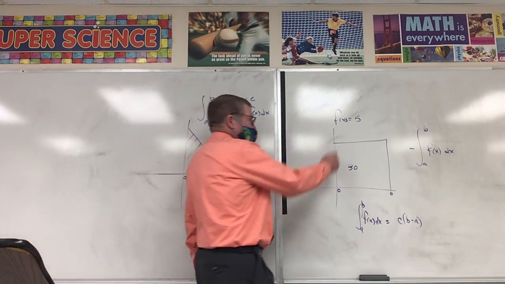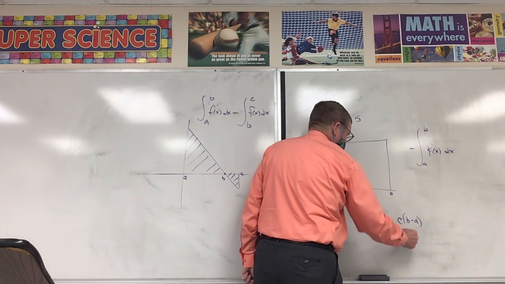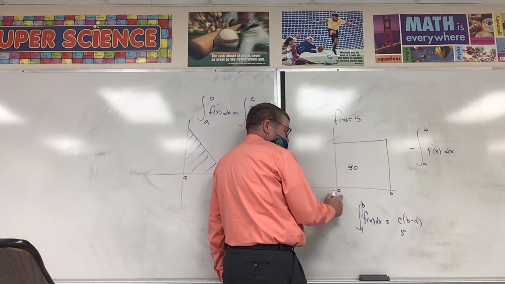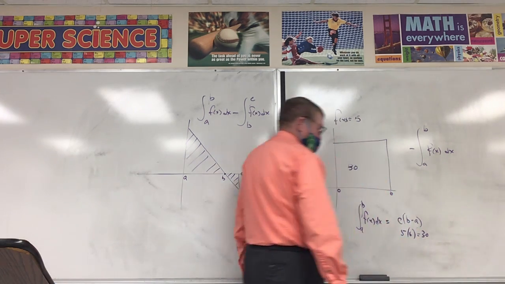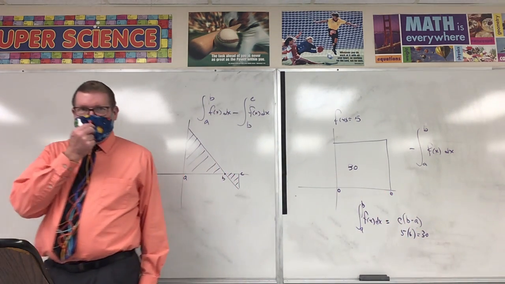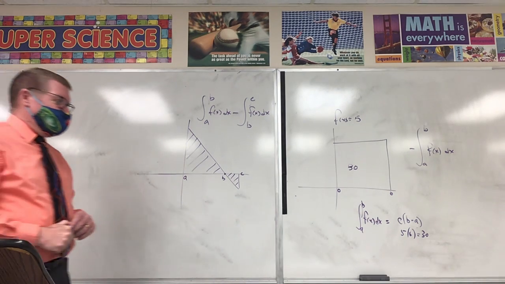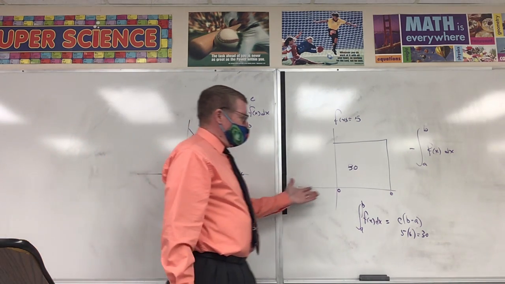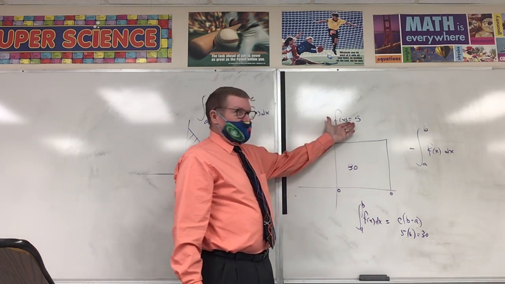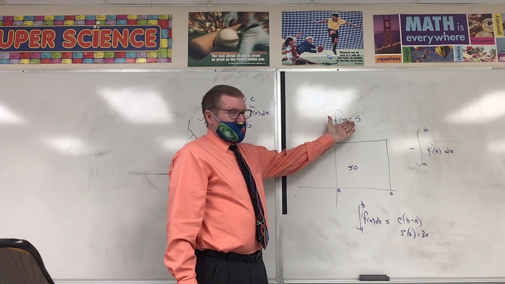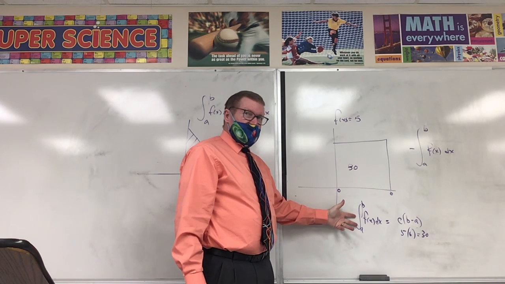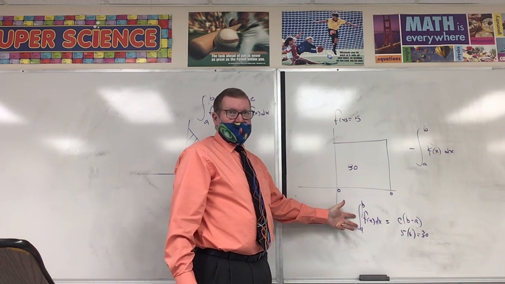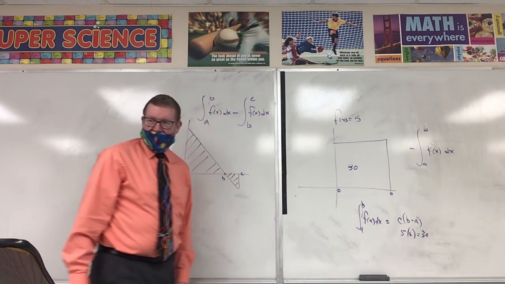And that's all it is, because f of x is 5, so this is 5, and b minus a is 6, which equals 30. So anytime that we have a constant, it's very easy, because I can take my constant and multiply by the difference of my boundaries, or my limits, as they call them.